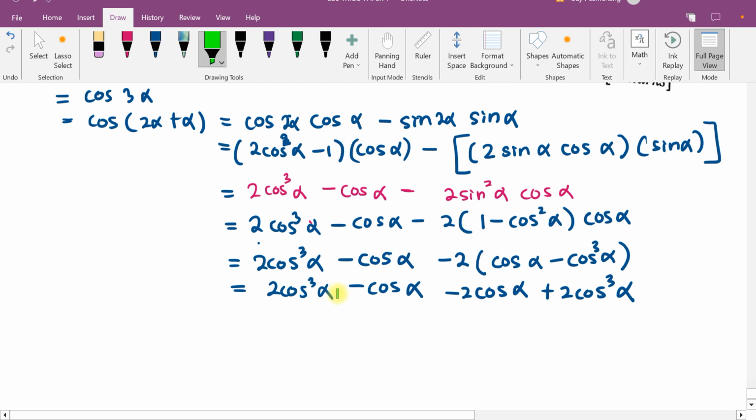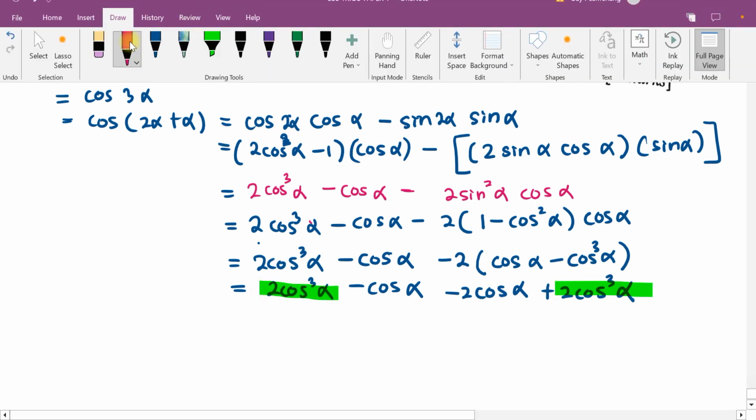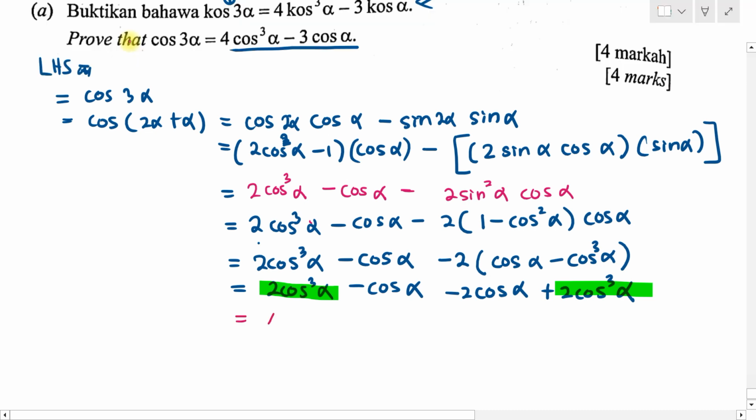So we can see this one with this one, it can become 4 cos cube alpha, and minus cos alpha minus 2 cos alpha, it becomes minus 3 cos alpha. We get back, which is equal to the right hand side shown.